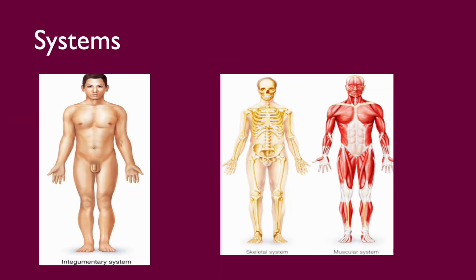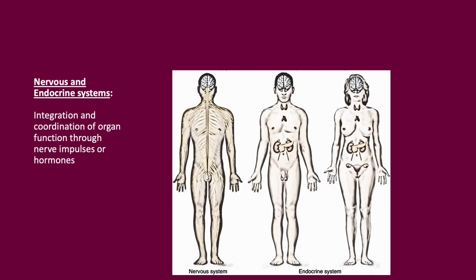Here is a picture of the integumentary system, which is the skin, one of the skeletal system, and the other of the muscle system. Nervous system and endocrine system: integration and coordination of organ function through nerve impulse or hormone.